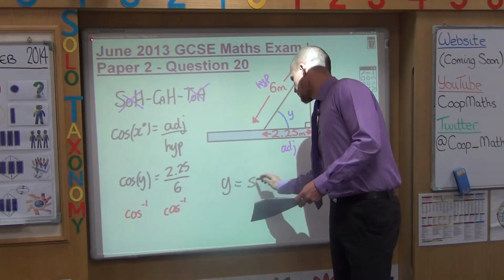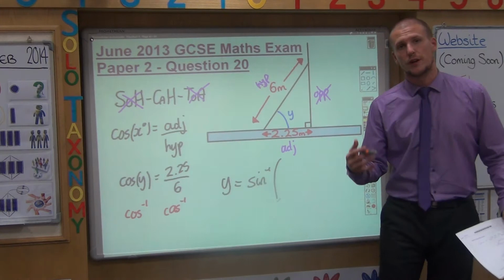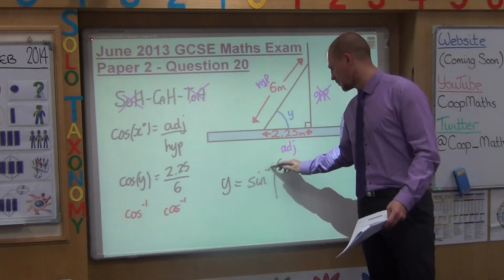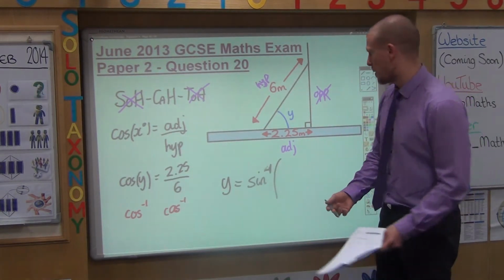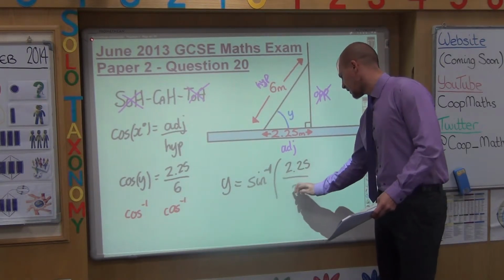And then if you shift cos, notice your calculator should open up a bracket by default. If your calculator doesn't do that, you want to be in the habit of doing this, otherwise you might end up with a math error. So we are going to shift cos that fraction.